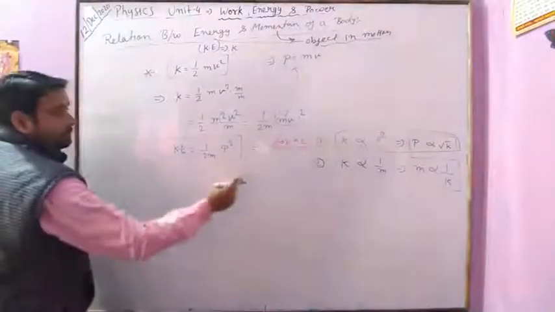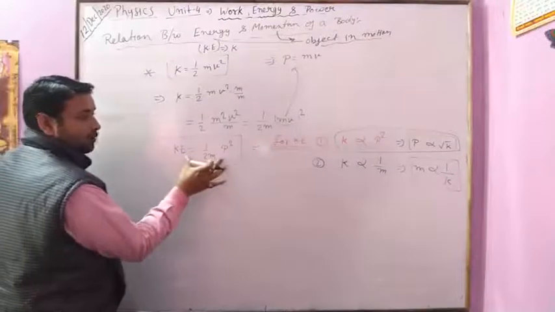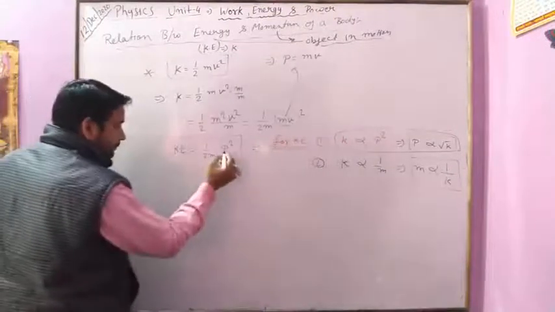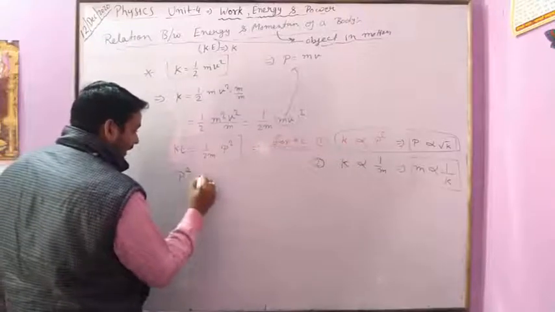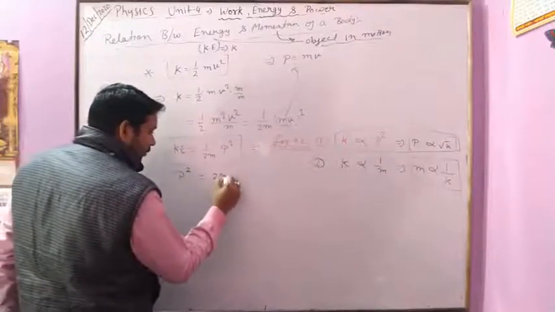Now we calculate from here the value of momentum: p square is equal to 2mK.